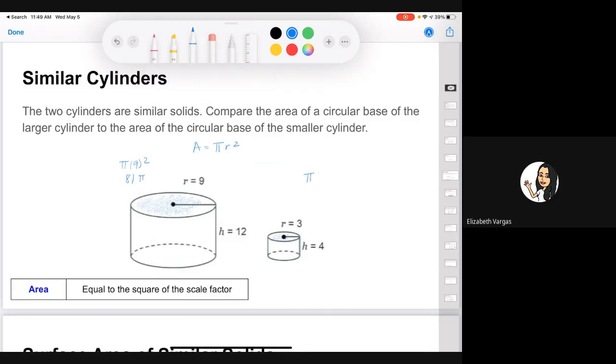This one's equal to pi 3 squared, which is equal to 9 pi. Okay? And so now what it's asking me to do is compare the areas of those bases. Again, I want big over small. So 81 over 9. That allows me to cancel these two out. And now I just have 81 divided by 9, which is 9.